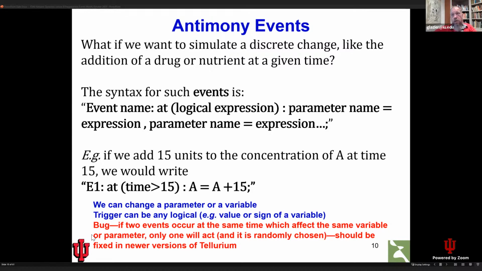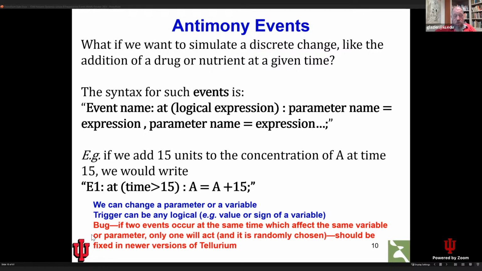So to Elmer's point, I should be quite specific. The argument after the at is what's called a trigger. And you've jumped ahead a little bit, but in fact, your insight that there's a problem here is exactly right.